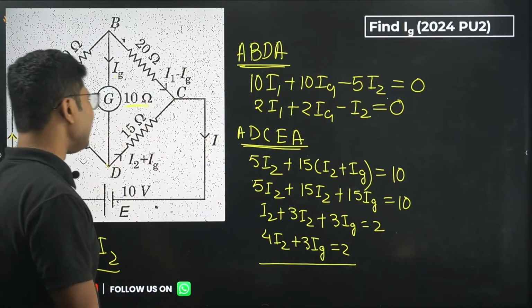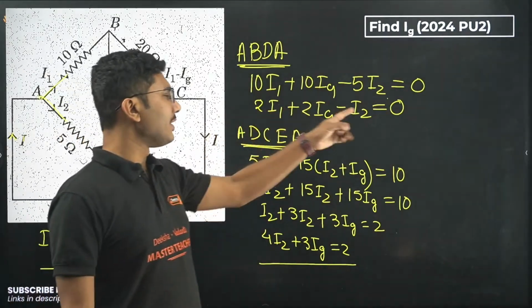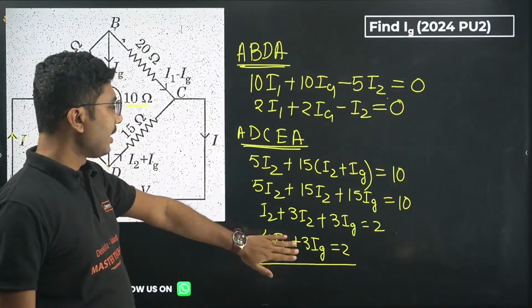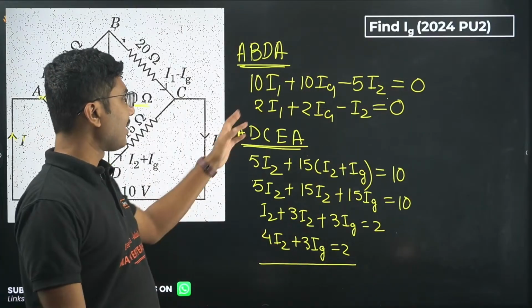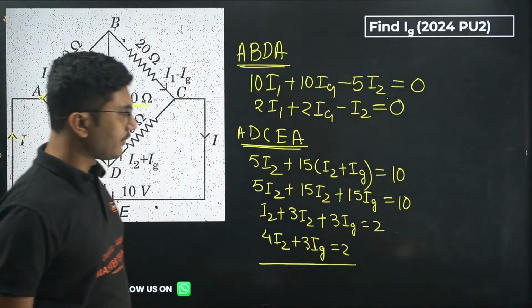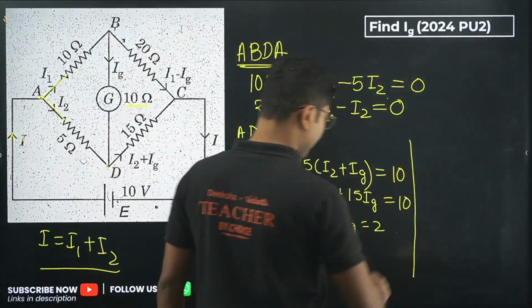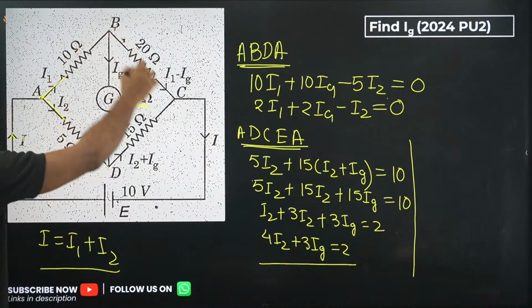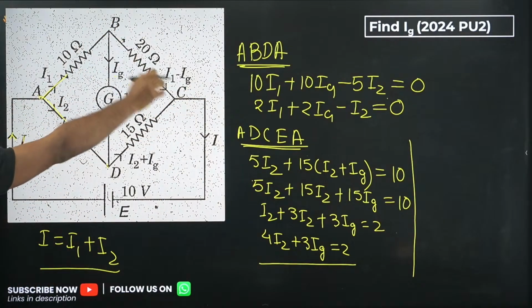Now as you can see here, we have three variables, I1, I2 and Ig. Even though we are trying to find Ig, we have three variables in total. So we cannot solve it using only two equations. We need one more equation, and for that we will take the top portion of the circuit.